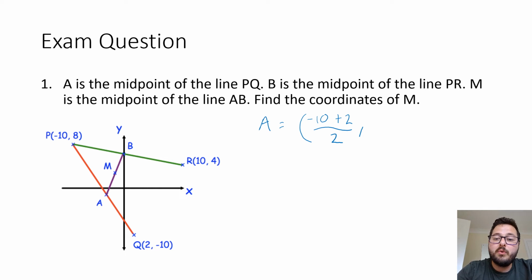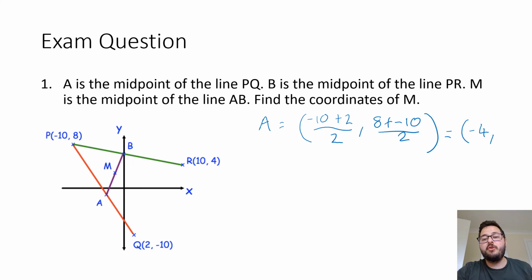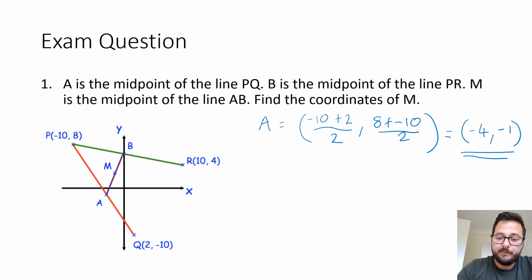And then the y coordinates are 8 for P and minus 10 for Q. So what have we got? Minus 10 plus 2 is minus 8, and minus 8 divided by 2 is minus 4. 8 minus 10 is minus 2, and minus 2 over 2 is minus 1. And just having a look, that kind of looks about right, doesn't it, where the A is on the diagram. So we're happy with that.